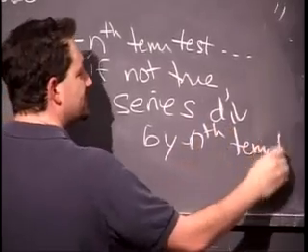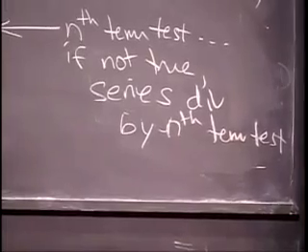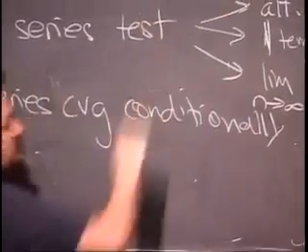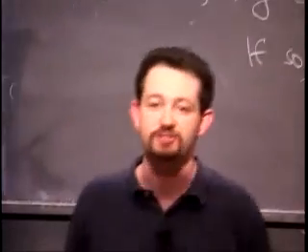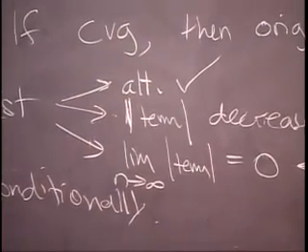So one of these three conditions is already the nth term test, which we already know. The first condition is sort of like, well, we've already assumed we're dealing with an alternating series, so duh. So the only real question is this. And if that's not true, I'm afraid that you are screwed.